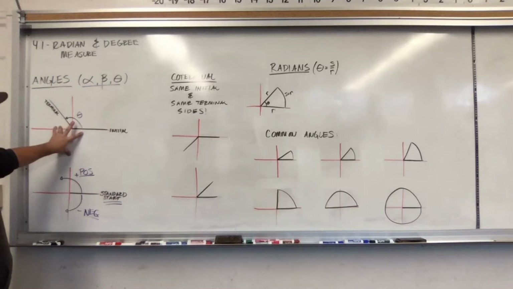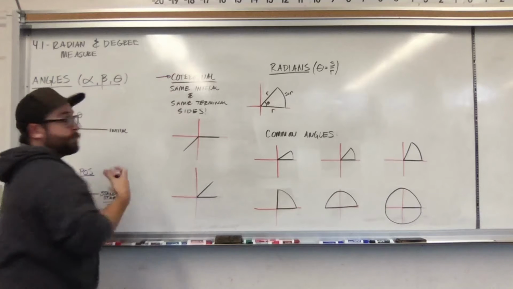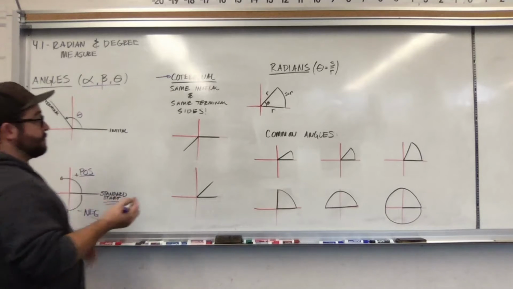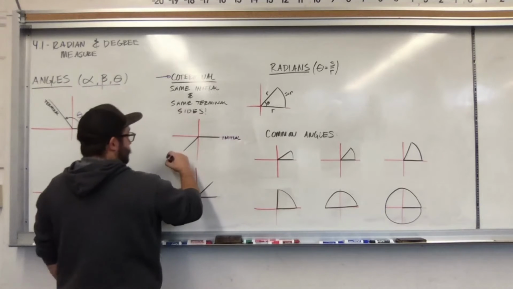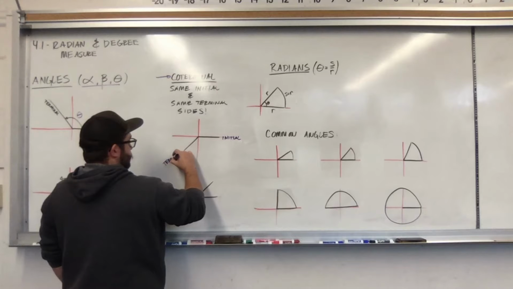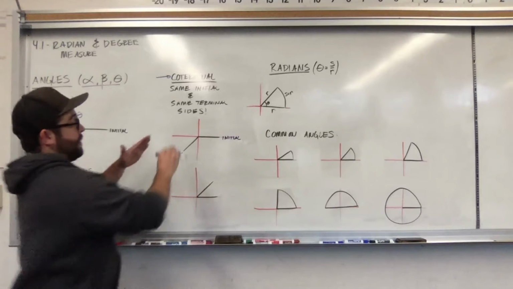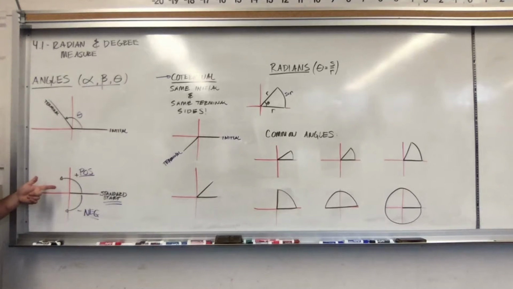Now, based off where we start or end any of our angles, we have something called coterminal angles, which are a special type of angles. Ultimately, these are angles that share the same initial and the same terminal sides. If we can't change that, the only thing we can change is the direction we go.